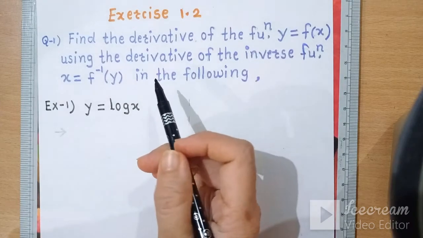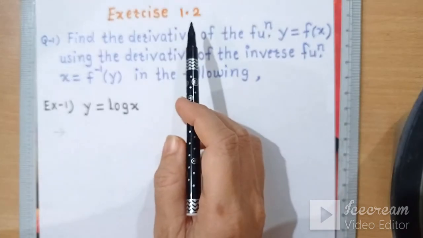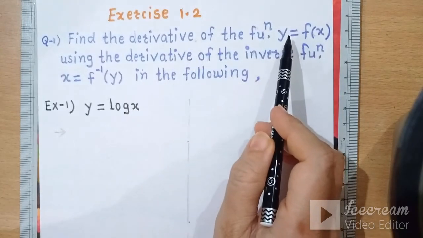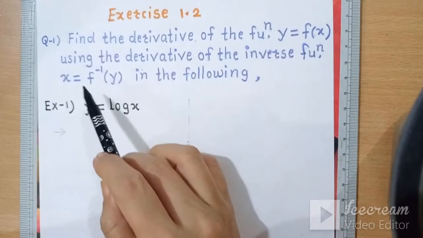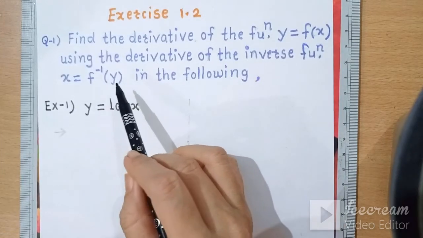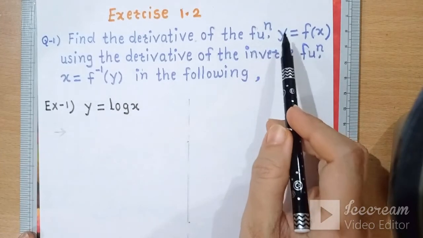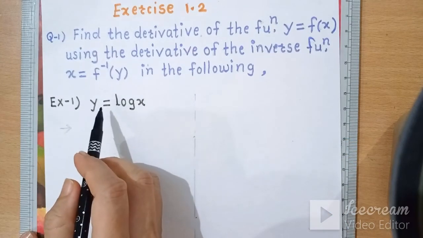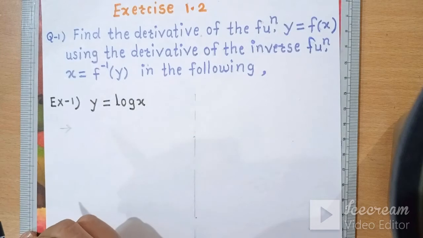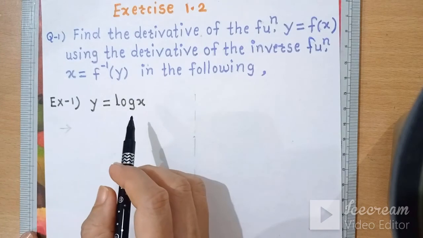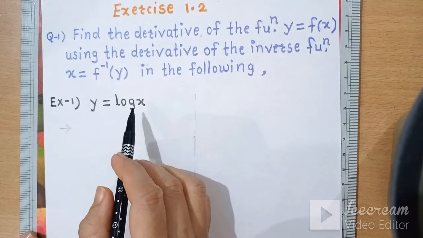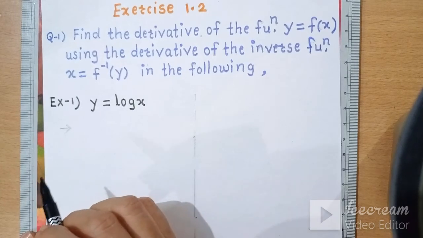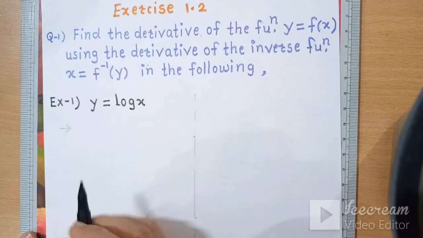Now let's solve question 1 from exercise 1.2. The question is to find the derivative of this function using the derivative of inverse function. That means we have to find dy by dx. So first I am writing the example: y is equal to log of x. Actually we know the answer, the derivative of log x is 1 upon x, but by using the derivative of inverse function we will check that.